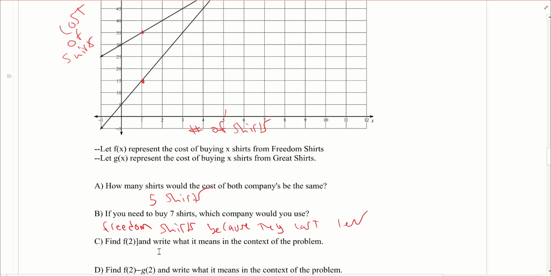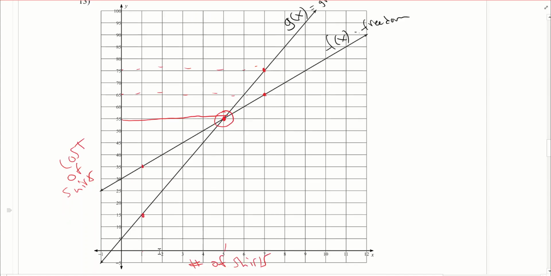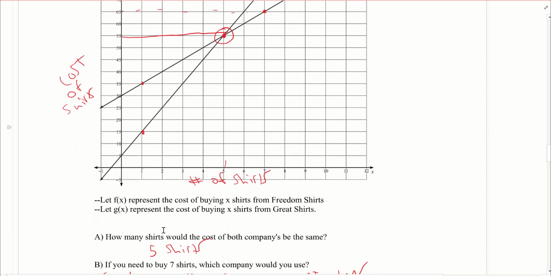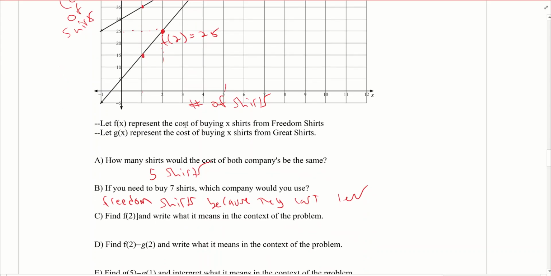Next, we want to find f of 2. F of 2 is basically the function f of x evaluated at 2, right? So here's f of 2, and it equals 25. F of 2 equals 25. What it means is that the cost of 2 shirts at Freedom Shirts is $25.